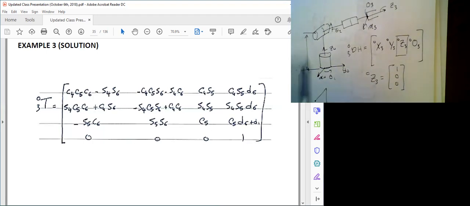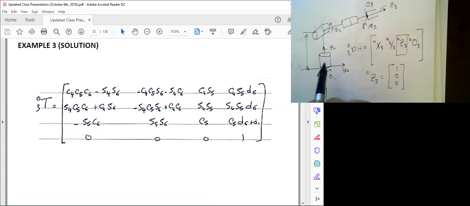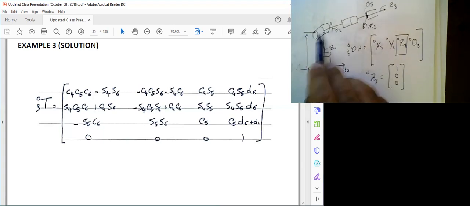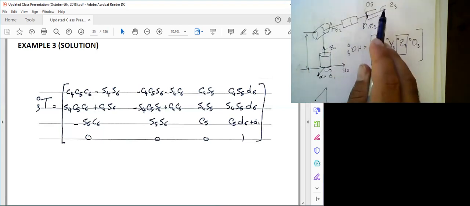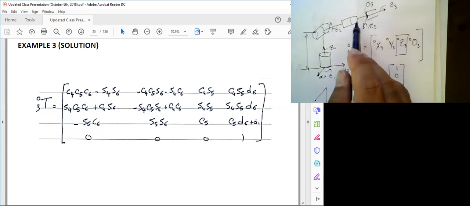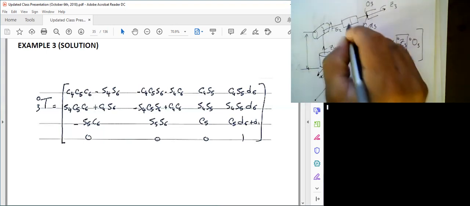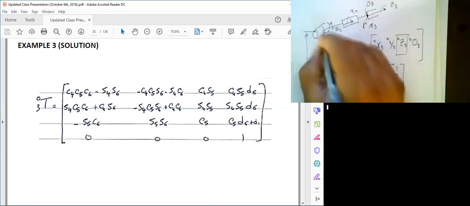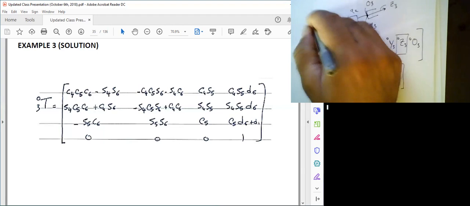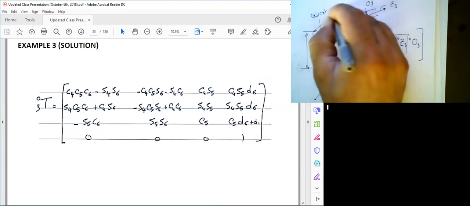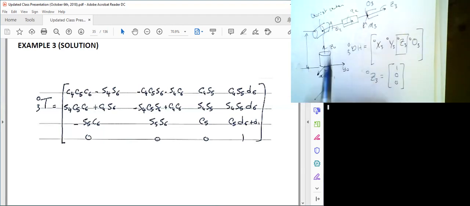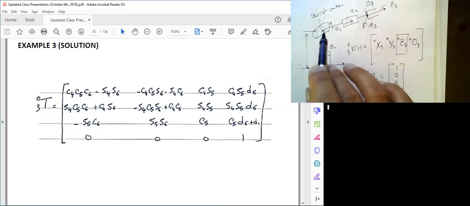What happens in the case of this robotic wrist is that Z0 has to be crossing Z1 and Z2, which is also Z2 here, crossing the same point. This point is called the wrist center. So the wrist center is where all these vectors intersect.